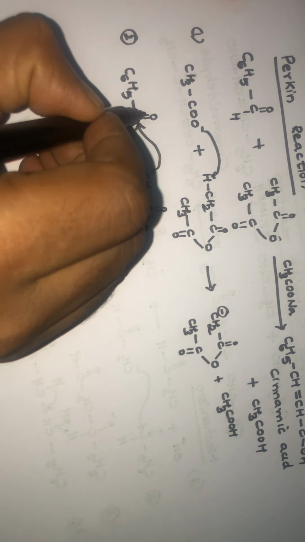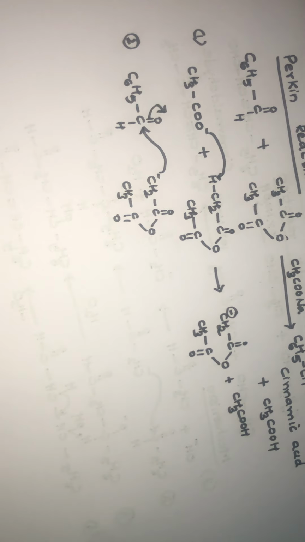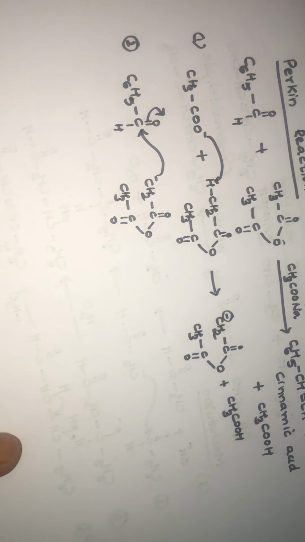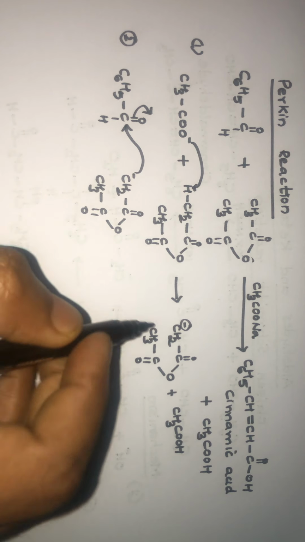The double bond O gets converted into single bond O minus.